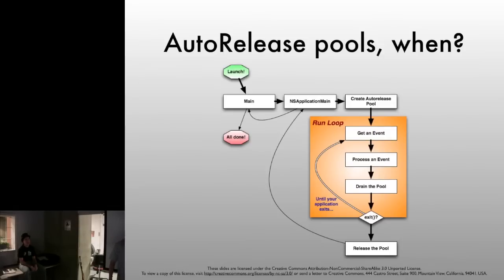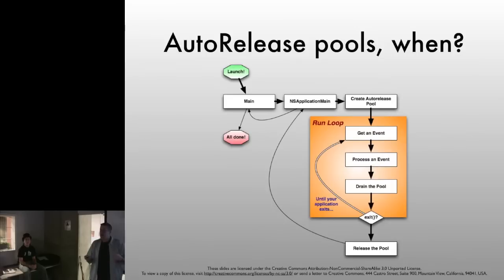Here is when you call NSApplicationMain, you essentially enter into this thing called the run loop. The run loop is basically sitting there waiting for events to happen, whether they're idle events or mouse events or timer events or magneto events, whatever events are generated.